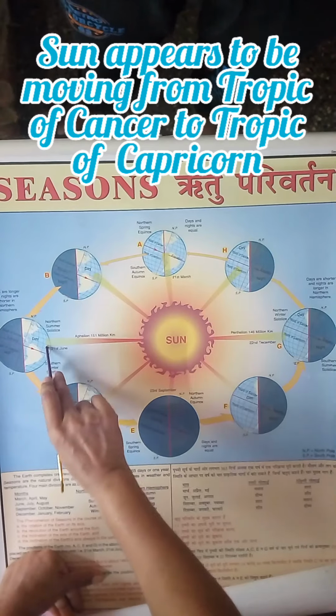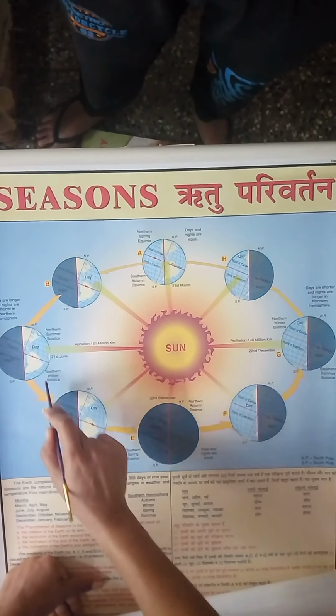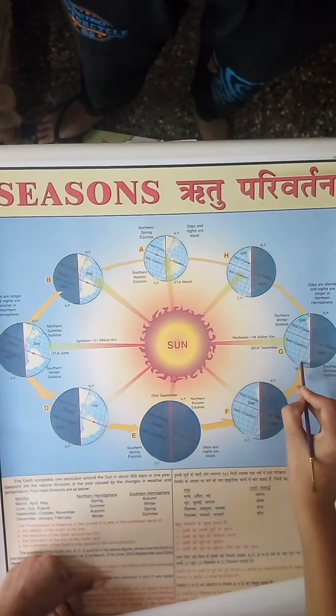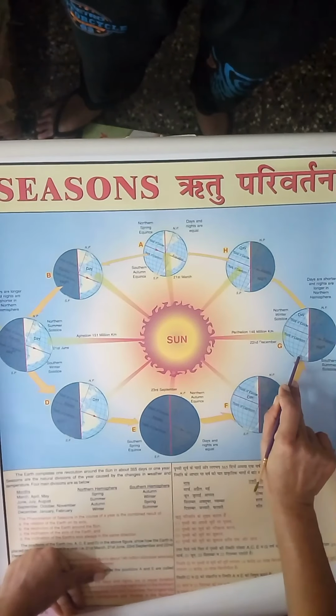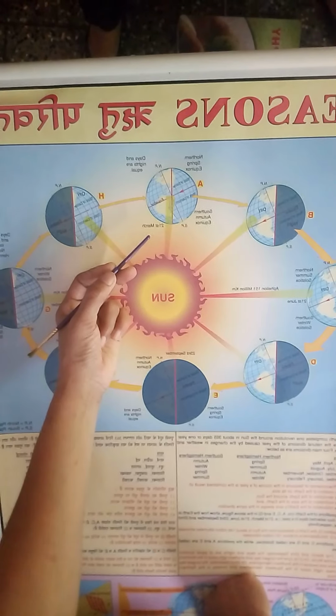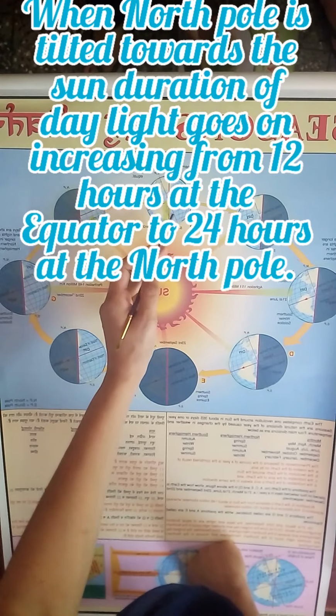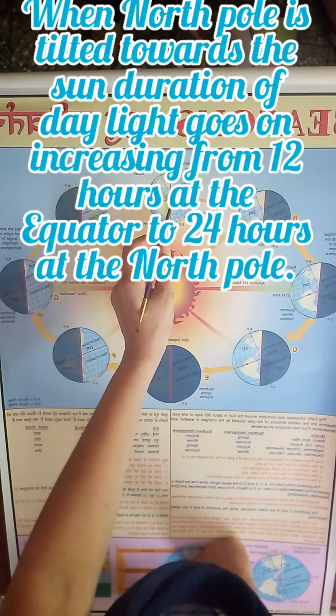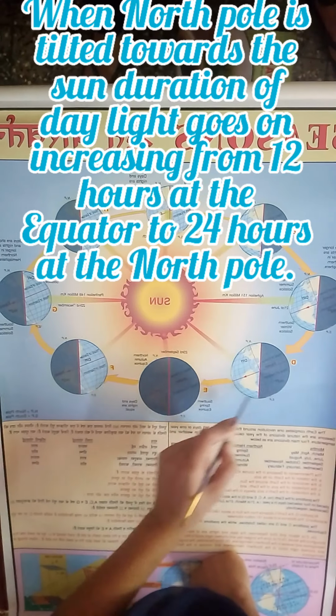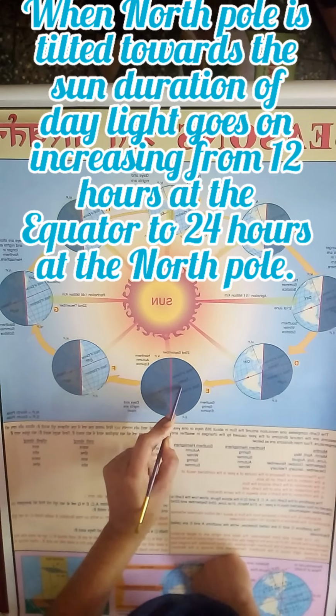And when the sun is moving from the Tropic of Cancer to the Tropic of Capricorn, that is Dakshinayan or southward movement.